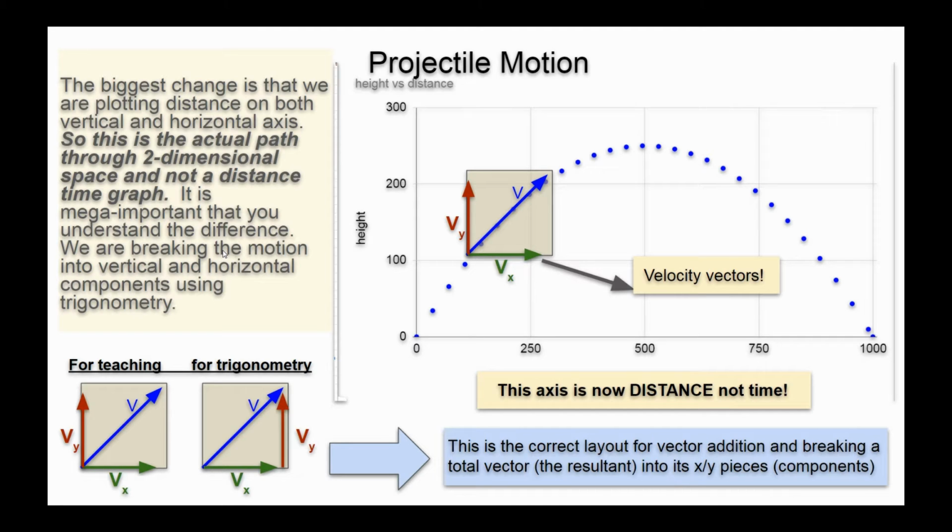The biggest change to study projectile motion is that we are plotting distance on both the vertical and horizontal axis. So this is the actual path through two-dimensional space and not a distance time graph. It is really important that you understand the difference. We are breaking the motion into vertical and horizontal components using trigonometry.